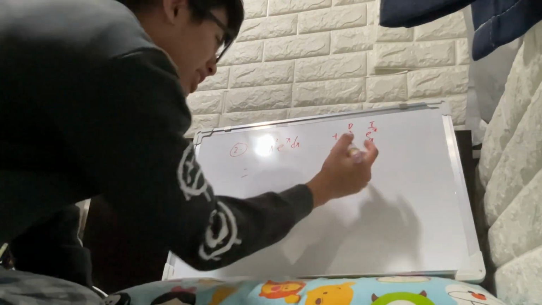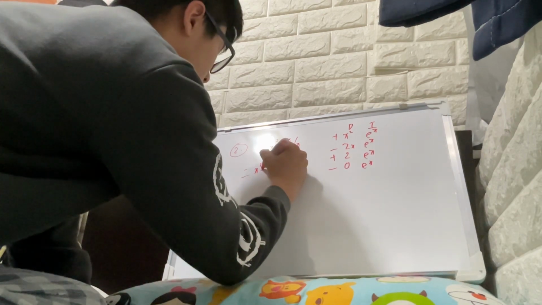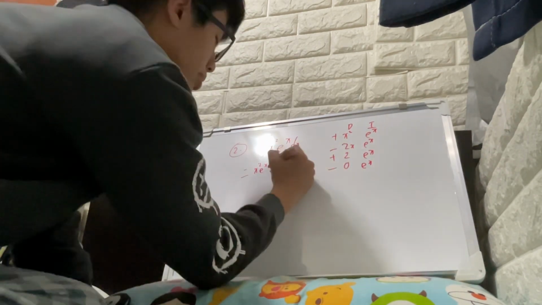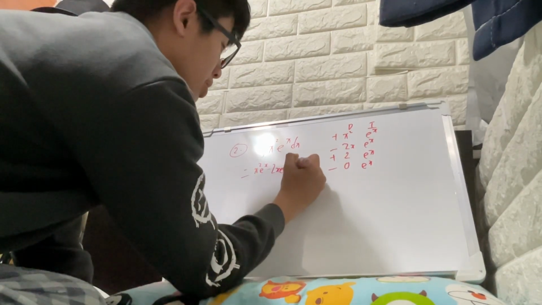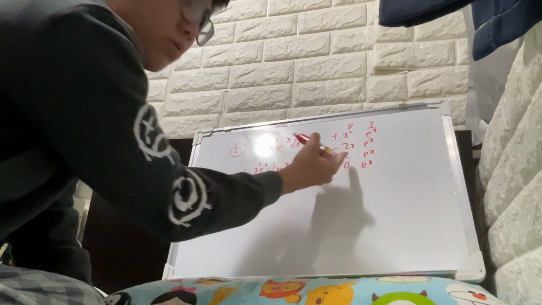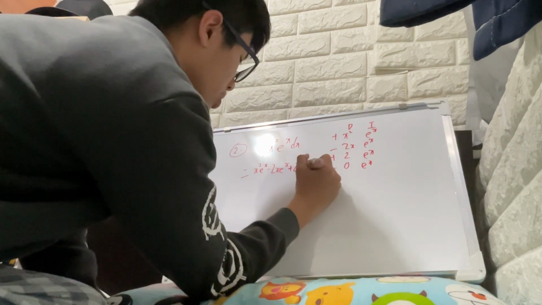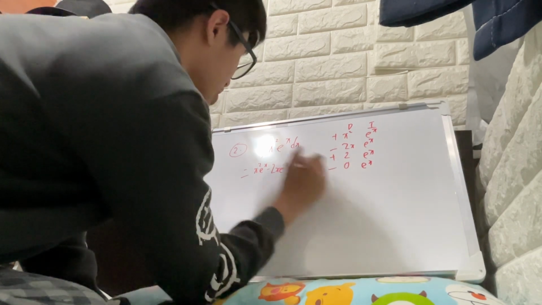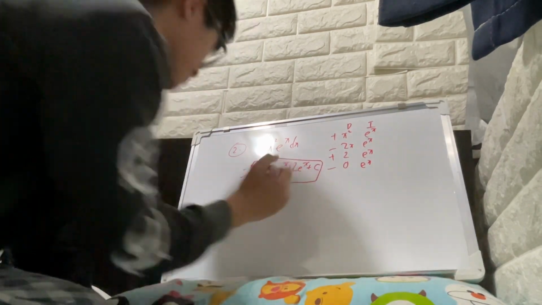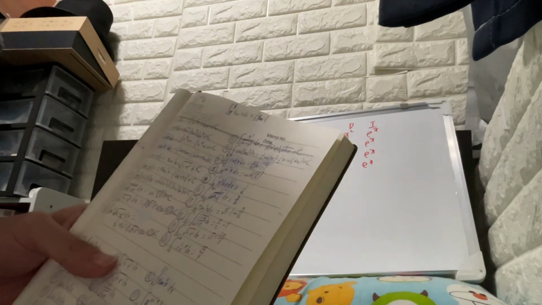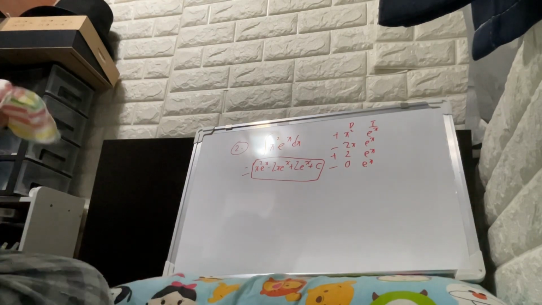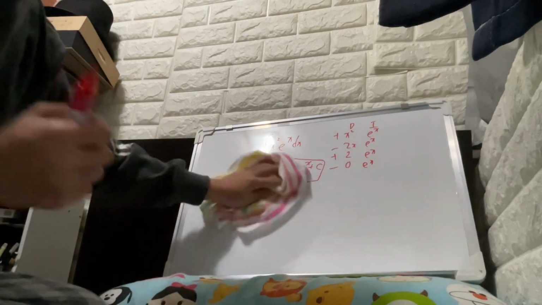We get x squared times e to the x, then negative 2x times e to the x, and then positive 2 times e to the x plus c, and that's our answer. Let me check it: x squared e to the x minus 2x e to the x plus 2 e to the x plus c, right? So let's move on to our third question.